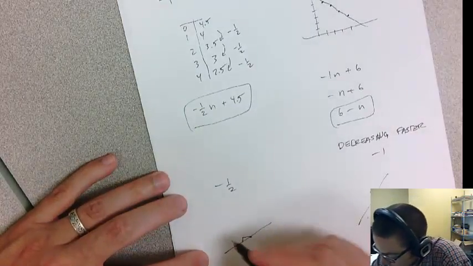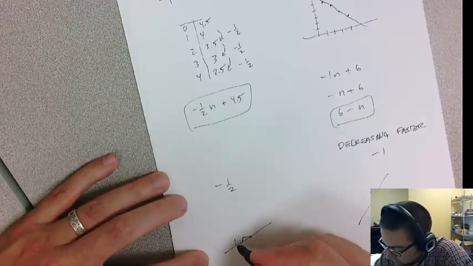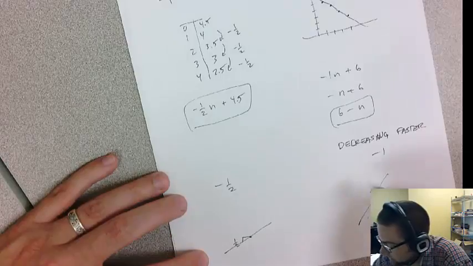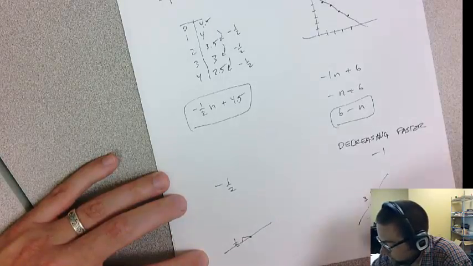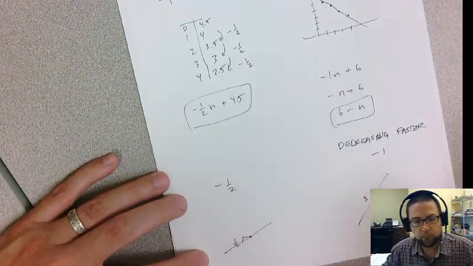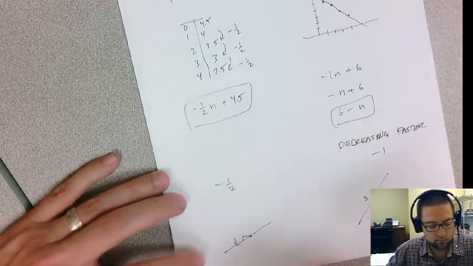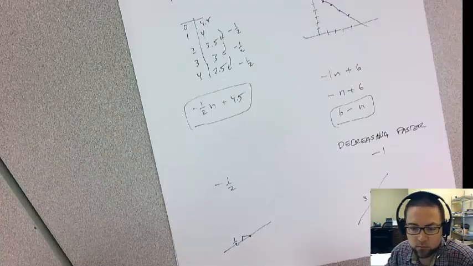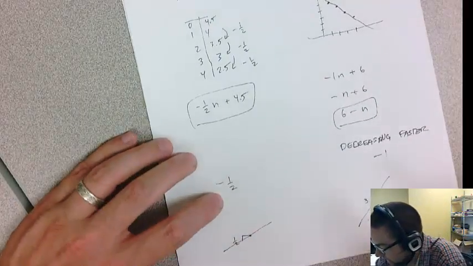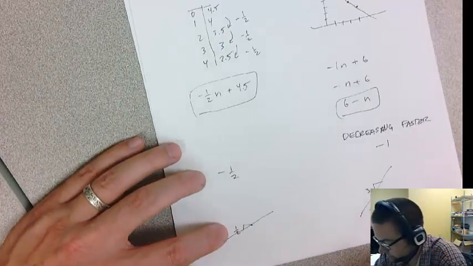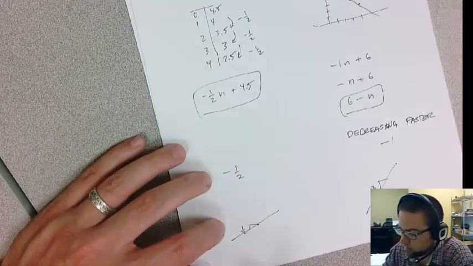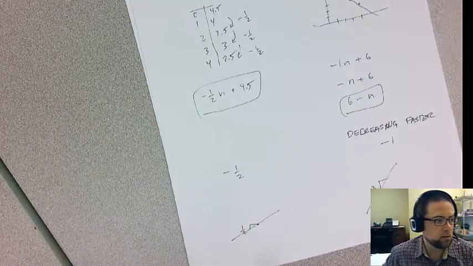Just to throw some numbers on it, say this is going up by 1/2, and this one's going up by 3 or something like that. Okay, so that's what you're going to do on the next part of the assignment.